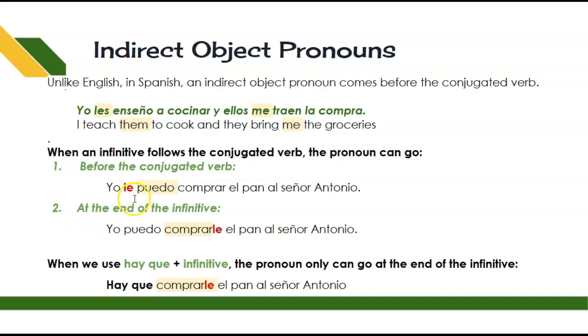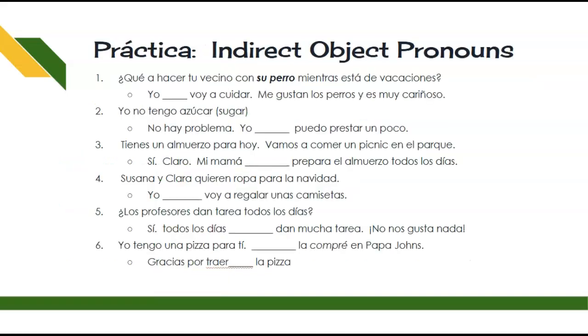So the indirect object pronoun le would come before the lo or the la, or me comes before lo or la. So if you ever had to use them together, like I buy it for him, then the person would come before. But you don't need to worry about that right now. If somebody brings that up or asks me the question, I'll say indirect before direct. People before things in Spanish.